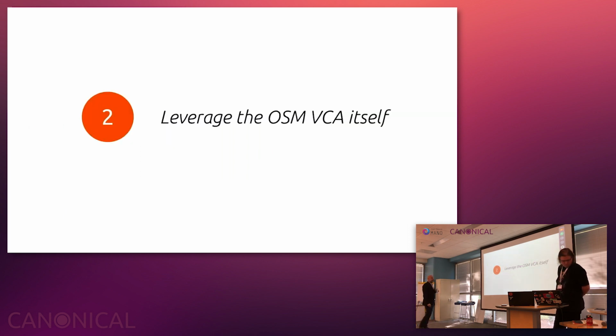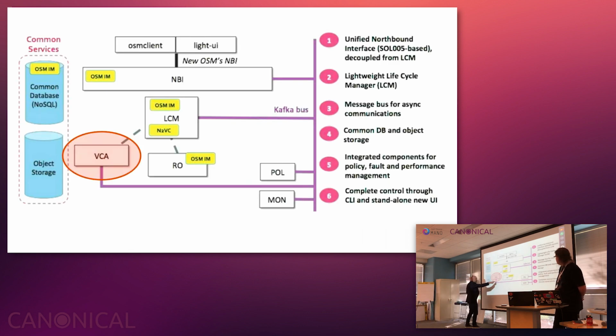So let's think that through. Inside OSM we have something called VCA, and the job of the VCA is to keep track of pieces of software, right? So since we have to have the VCA anyway, let's bootstrap OSM using the VCA. So let's stand that up, and then use that effectively to stand up the rest of OSM. So again, on a laptop or in a workstation type environment, we stand up the VCA.